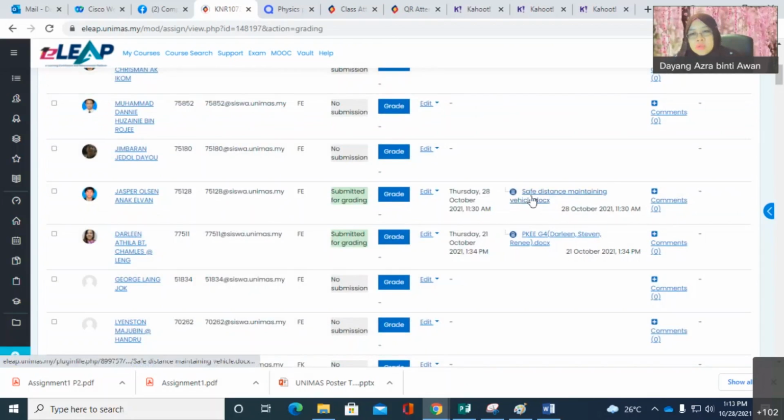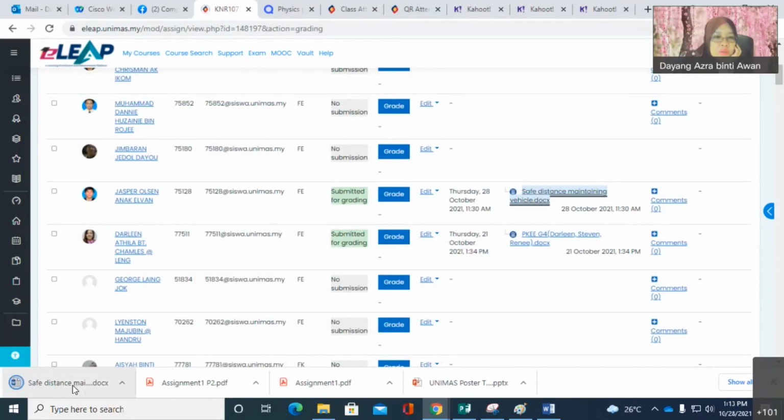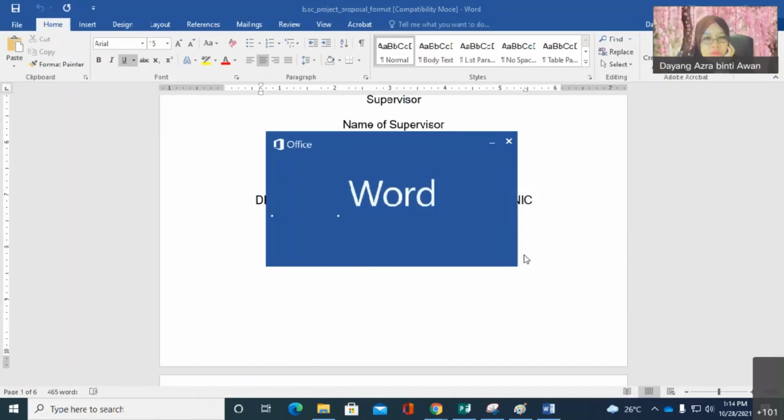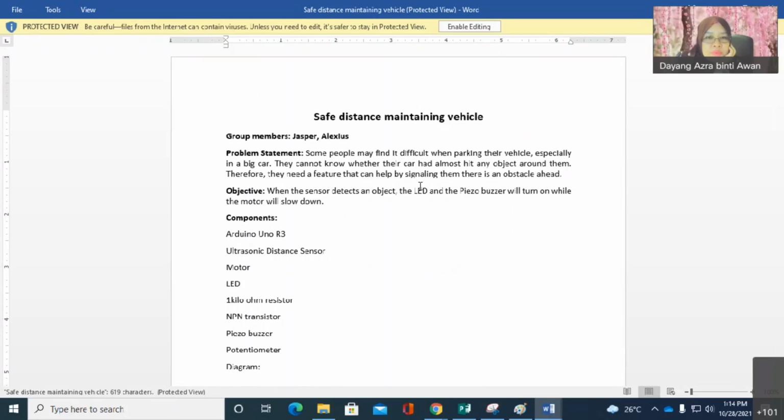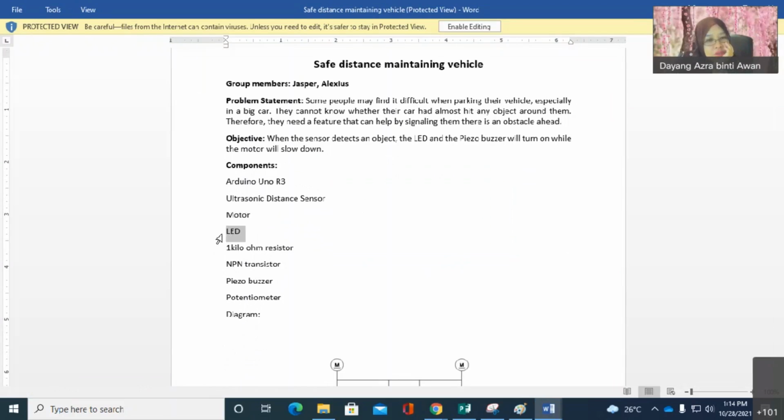Okay, so this is Jasper Olven. Safe distance maintaining vehicles. You have Arduino, an ultrasonic distance sensor, a motor, how many volts? How many LEDs?